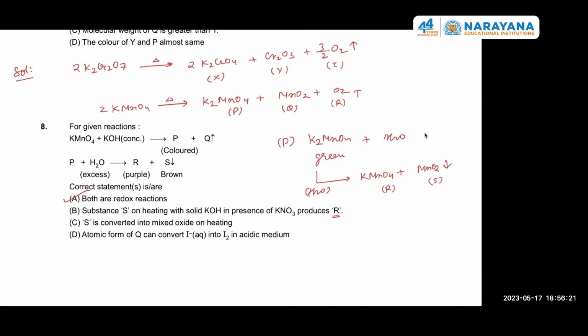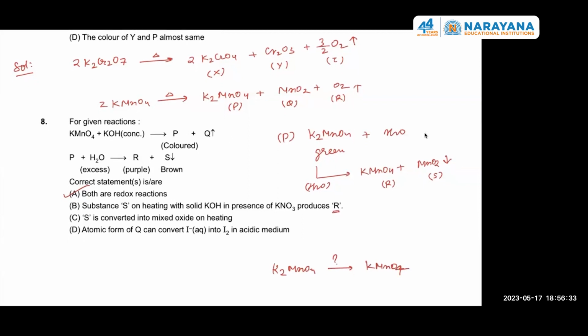And how can we convert K2MnO4 into KMnO4? What are the methods? Acidic medium? We have to actually oxidize them. Not this acidic medium, we will require oxidizing agents.